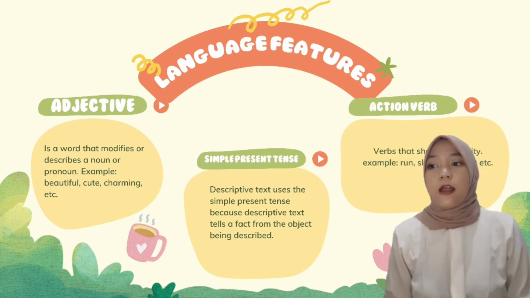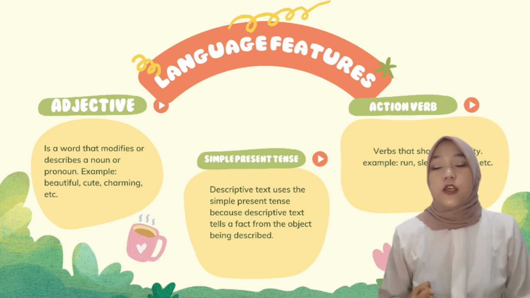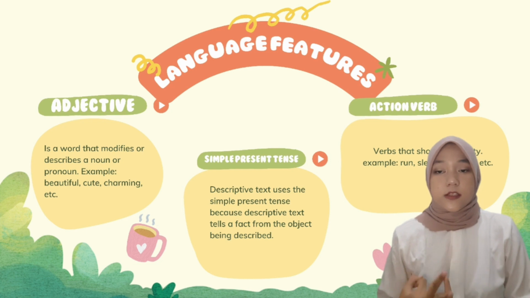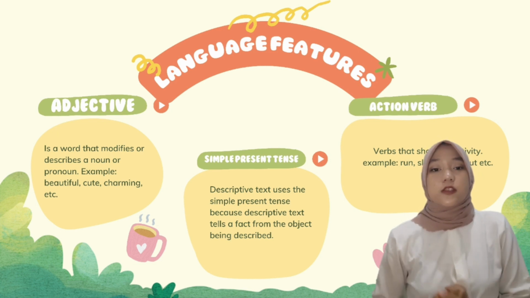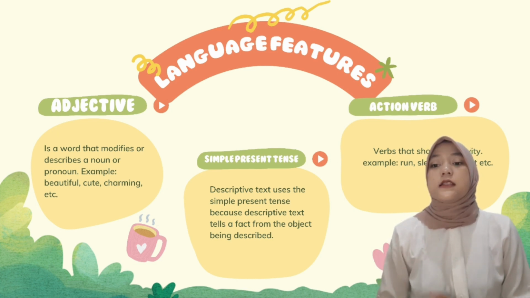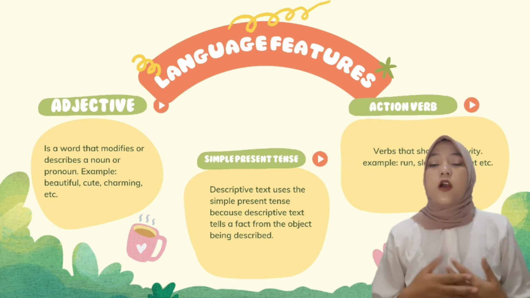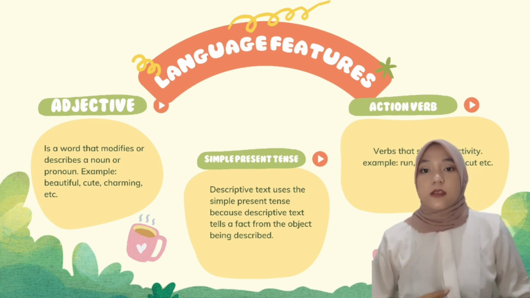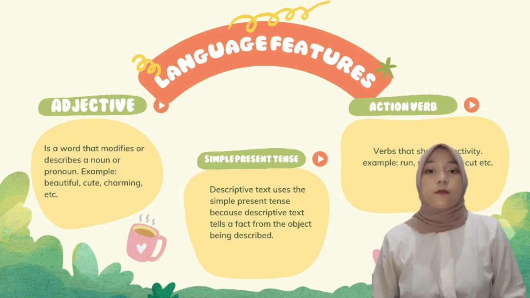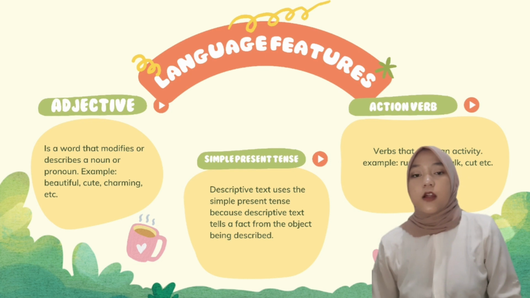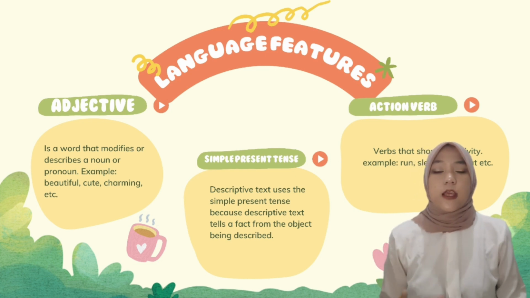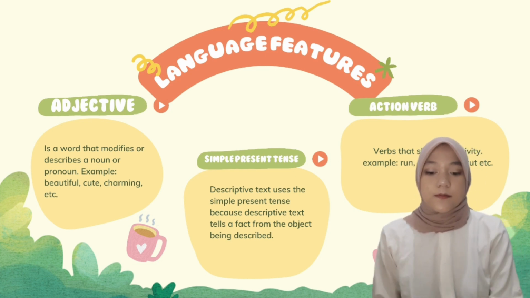For example, like beautiful, cute, charming, and etc. Meanwhile, simple present tense. Why does descriptive text use simple present tense? Because descriptive text tells a fact about the object that is being described. And then action verb. Example of action verb like run, boil, eat, and etc.